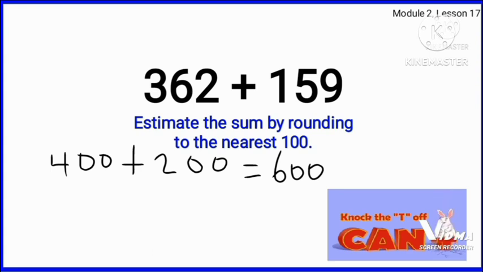So we can now add 400 plus 200 equals 600. Very easy to add when you round off.